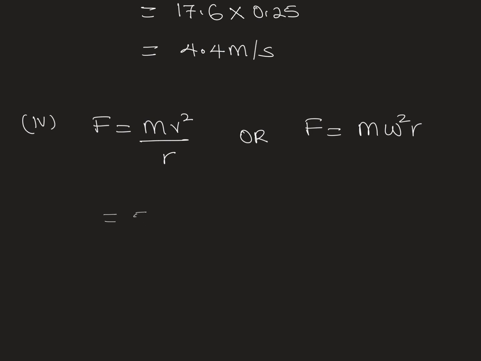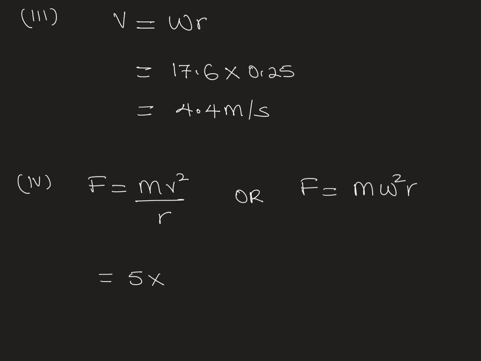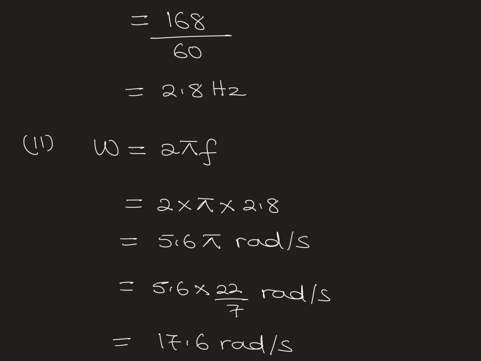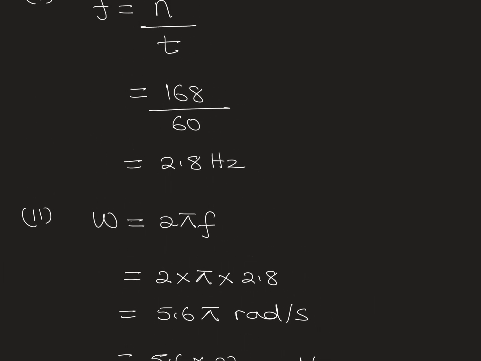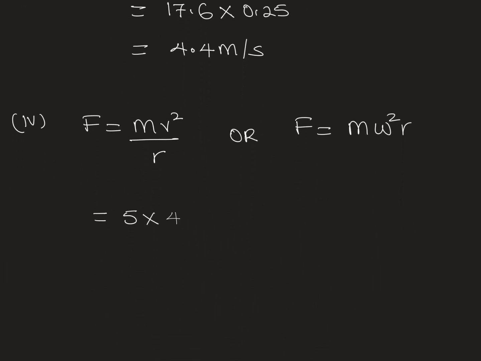So the mass is 5 kilograms times the linear velocity, 4.4 meters per second. So that will be 4.4 squared divided by the radius, 0.25. If we do that, we'll have 5 times 4.4 squared divided by 0.25 to give us an answer of 387.2 newtons.